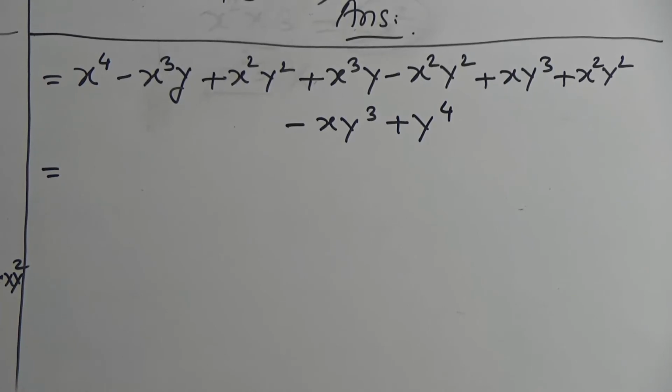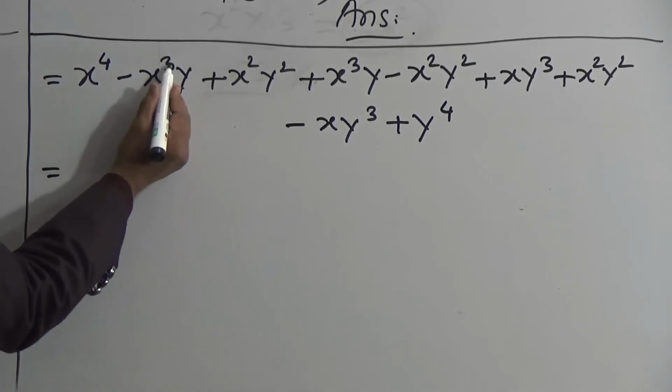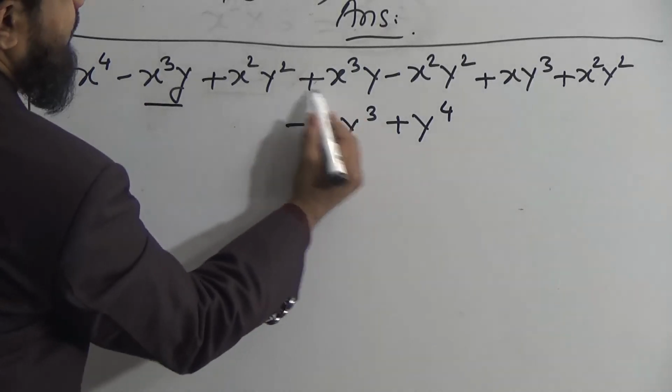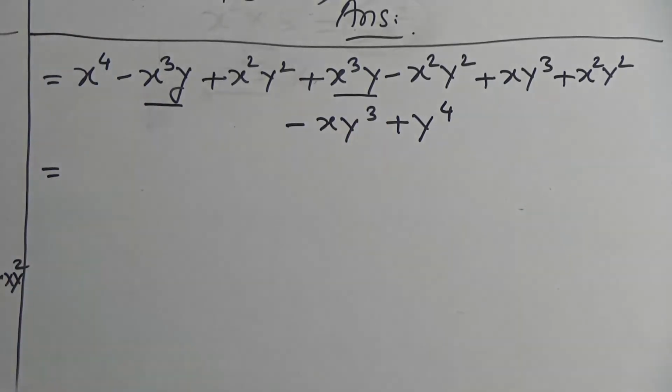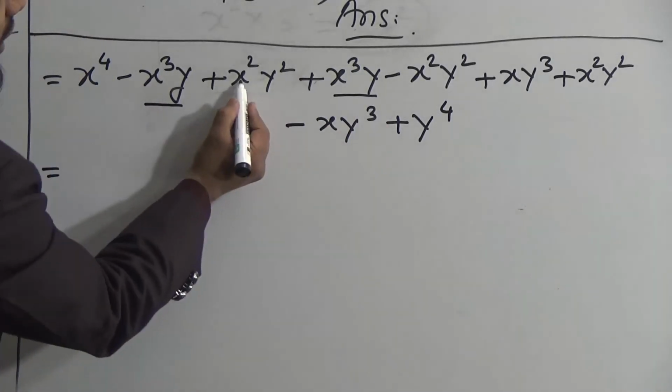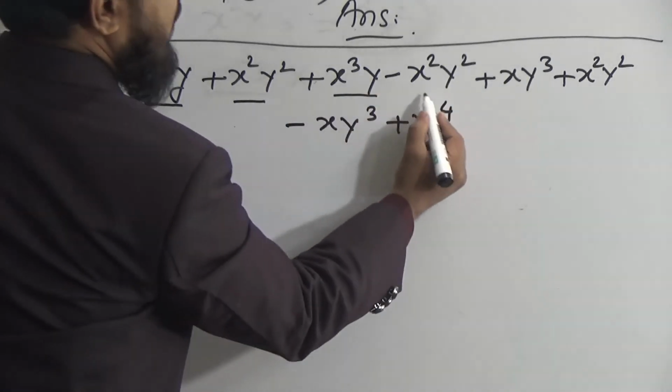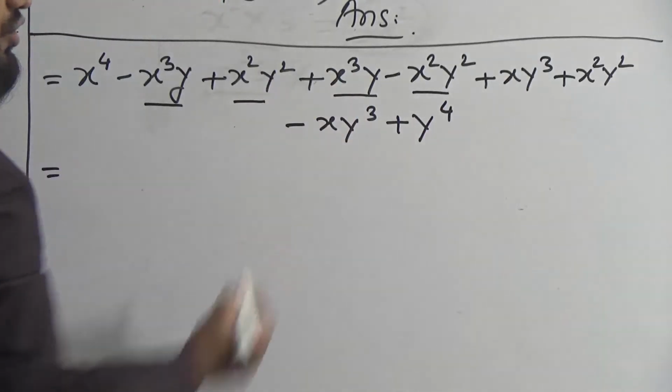Now we can omit all the similar terms by adding and subtracting. Look, x cube y has a minus sign and this x cube y has a plus sign, so we can omit these two. Now x square y square has a plus sign before, and this x square y square has a minus sign before, so we can omit these two also.